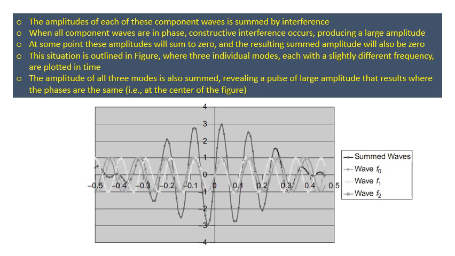Here you can see in this figure, there are different waves with slightly different frequencies. So what happens when they mode lock is that we get a giant pulse. Here they are completely overlapping each other.